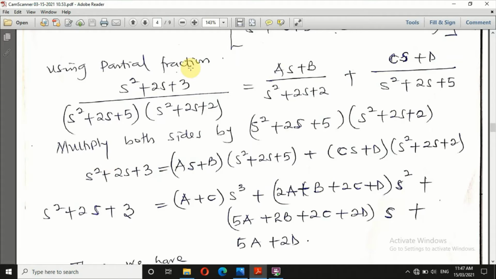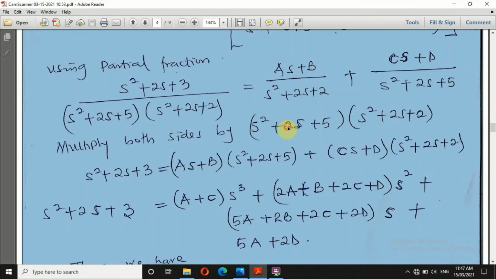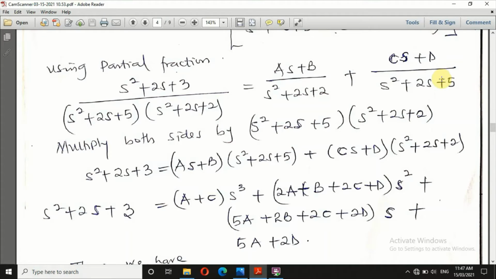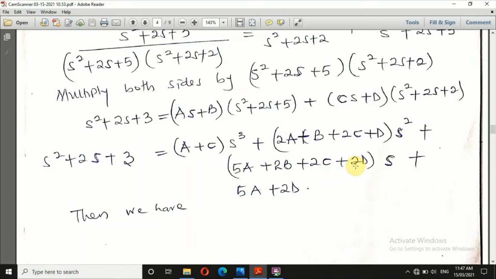Beside ax plus b, this will cancel this, so what will remain is ax plus b multiplied by x squared plus 2x plus 5. You multiply this one again by everything here, so this will cancel this. What will remain is cx plus d multiplied by x squared plus 2x plus 2. So we have that now.